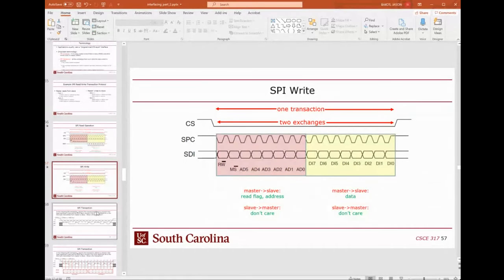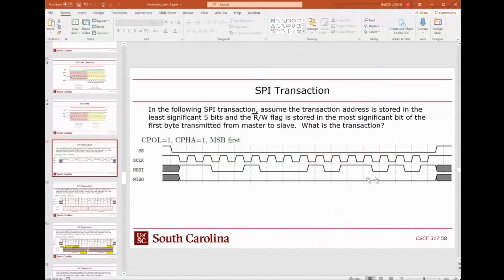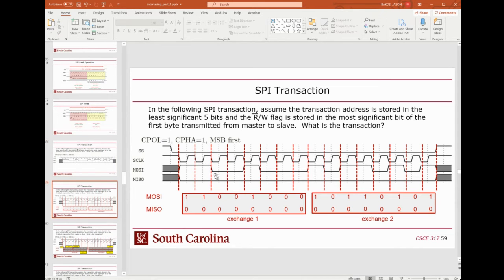Now of course, when you go to read a waveform, you end up with the same problem that we had before, which is where do you read the bits? And now it's even harder, because if you do a read or write, you're going to have to do at least 2 exchanges, which means at least 16 bits. And so now you've got to pick out where the 16 bits are in both the MOSI and the MISO lines. So that can be a challenge.